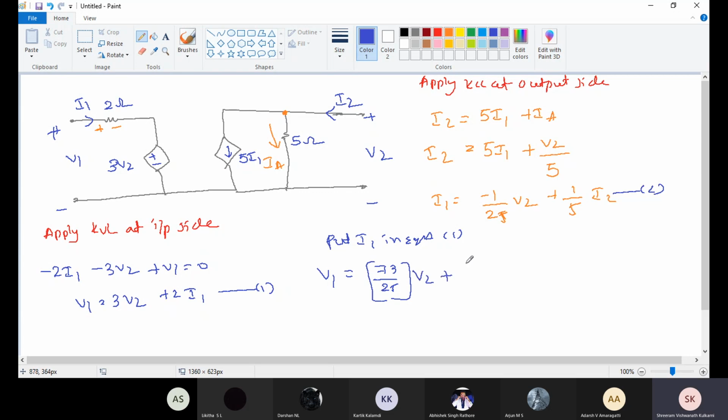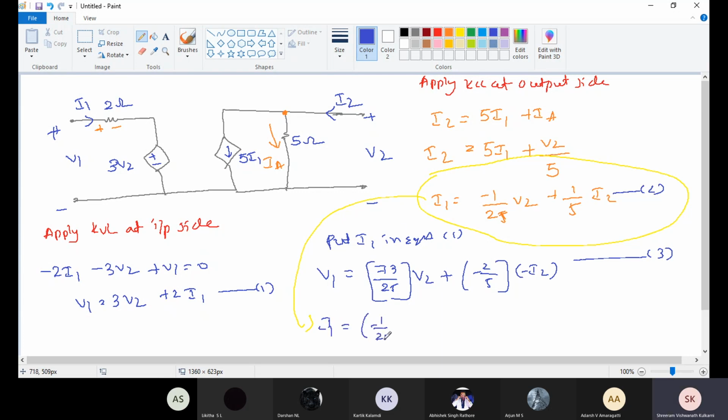If I put I1 in equation 1, I'll get V1 equals to 73 by 25 V2 plus minus 2 by 5 into minus I2. Equation 3. Similarly, if I arrange equation 2, I'll get I1 is equal to minus 1 by 25 V2 plus minus 1 by 5 into minus I2.